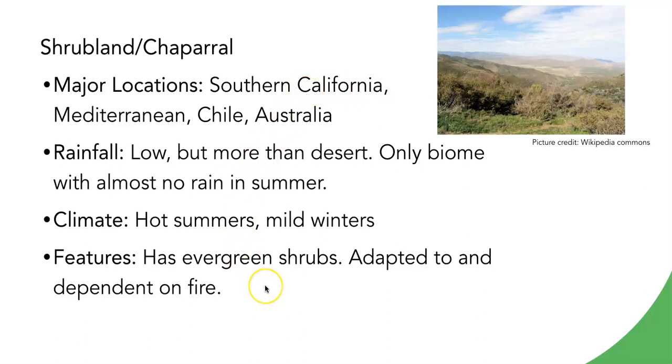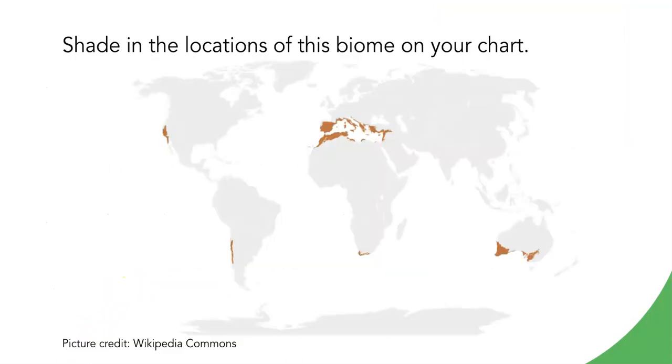But it's not the only ecosystem. A lot of forest ecosystems also need fire, like sequoia trees, they need fire to germinate their pine cones. Very small, here's Southern California, Chile.